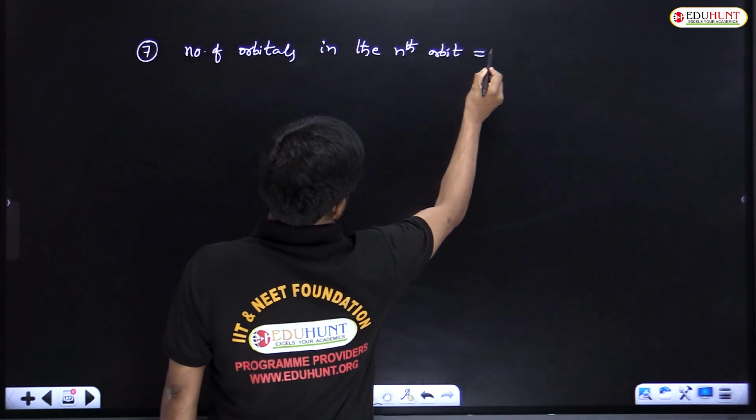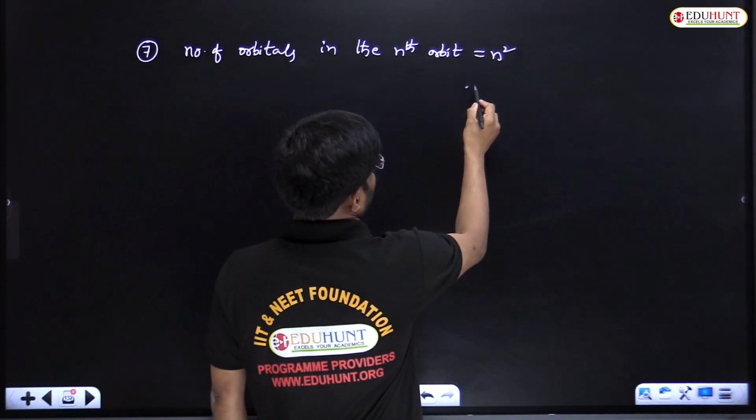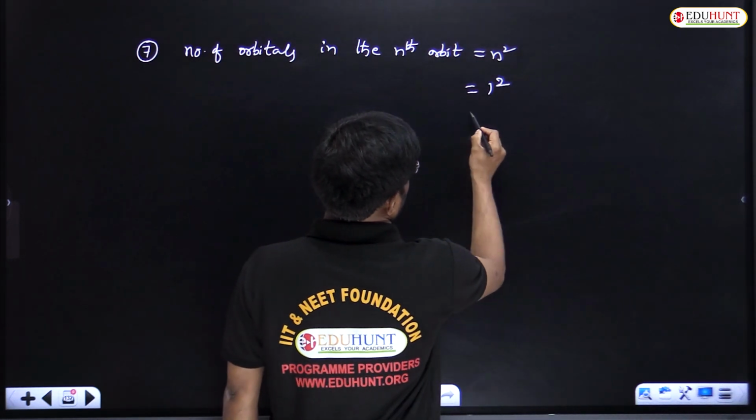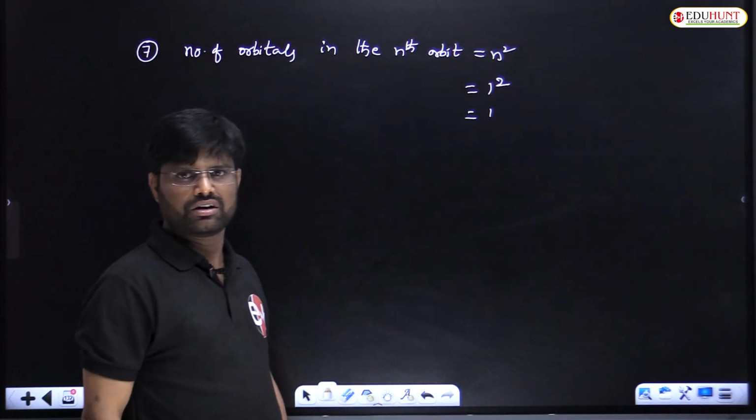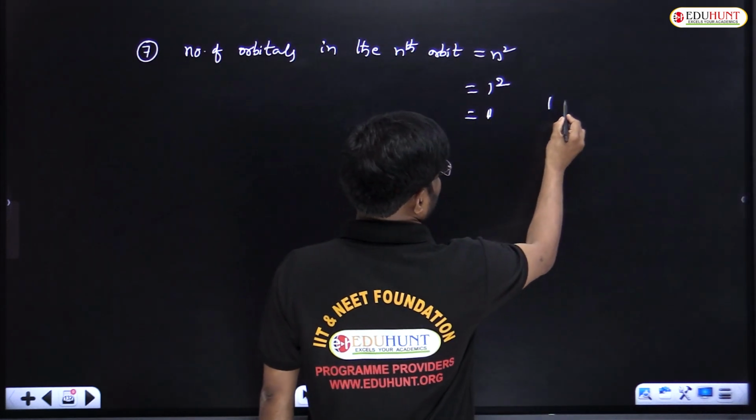The formula is n square. First orbit, 1 square. So how many orbitals are there? 1. That is the 1s orbital only.